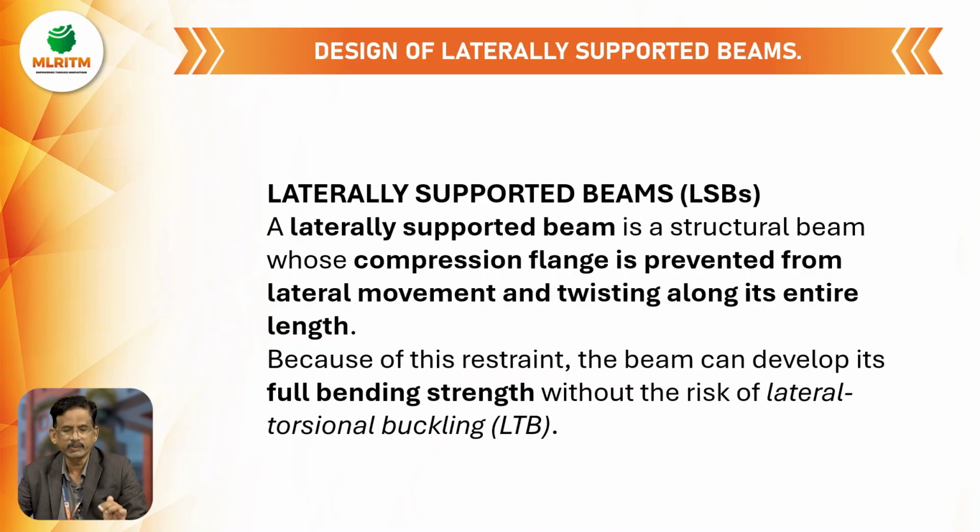A laterally supported beam is a structural member whose compression flange is prevented from lateral movement and twisting along its length. Because of this restraint, the beam can develop its full bending strength without lateral torsional buckling.